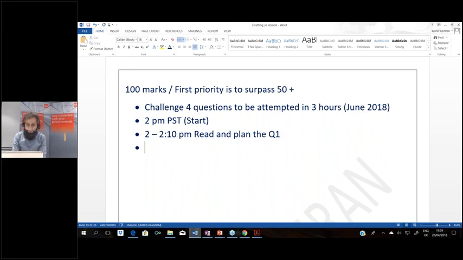Then start writing question 1 from 2:10 p.m. and continue writing it for 55 minutes, so technically until 3:05 p.m. These times are calculated on exam pressure, right? 55 minutes, you have to write your question 1.